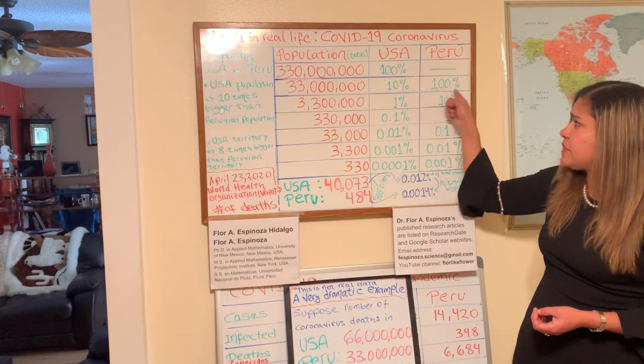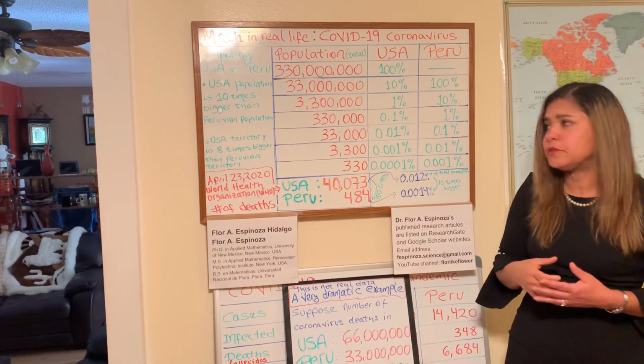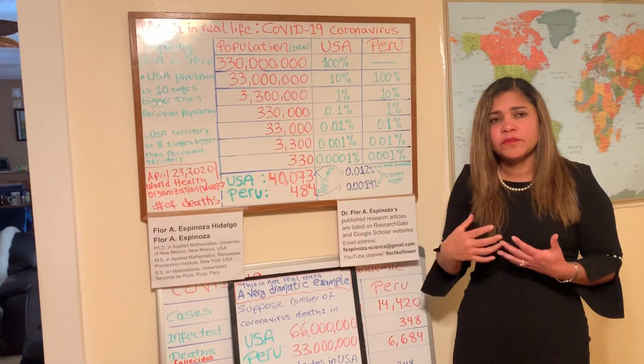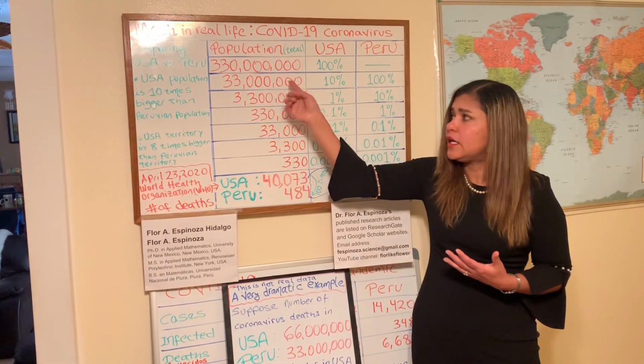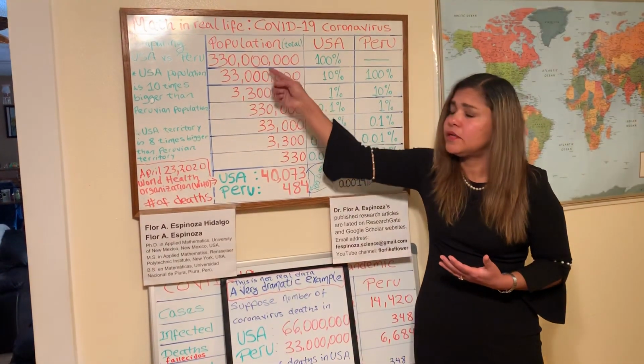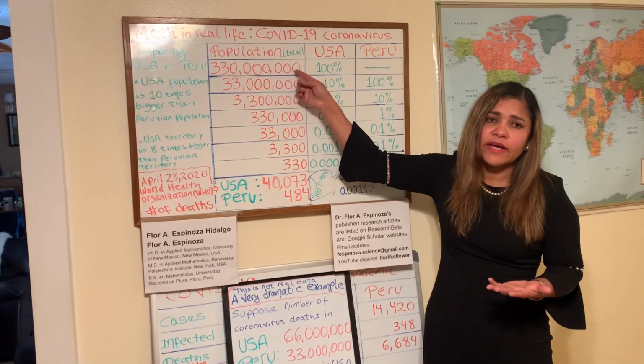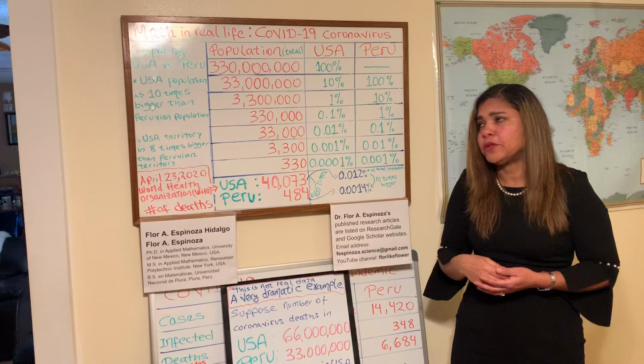So this number represents 100% of the population of Peru. From looking at these numbers, it's easy to see that indeed the population of the United States is 10 times bigger than the population of Peru.